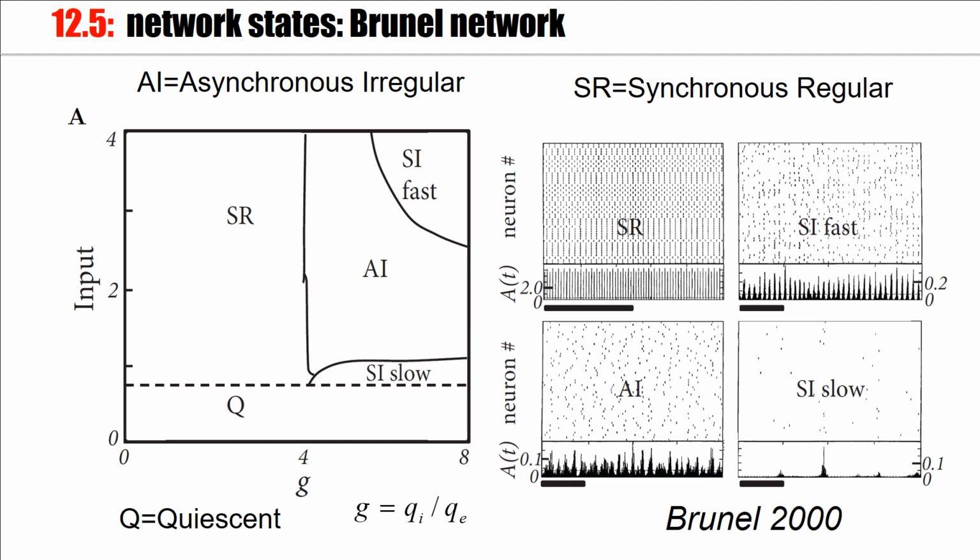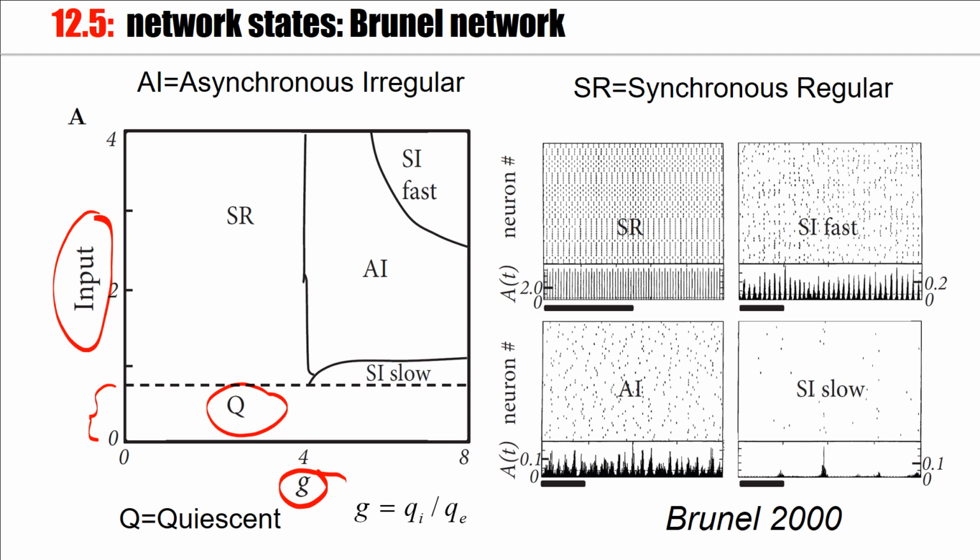So you see the parameter G here along the horizontal line. And on the vertical line, you see the total input, a total drive. Now, if the total drive is below this horizontal dashed line, then we are in the quiescent state, no activity at all.